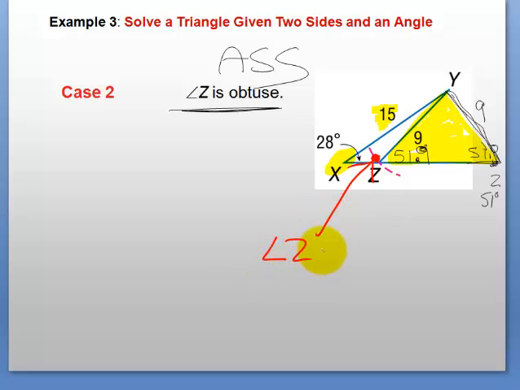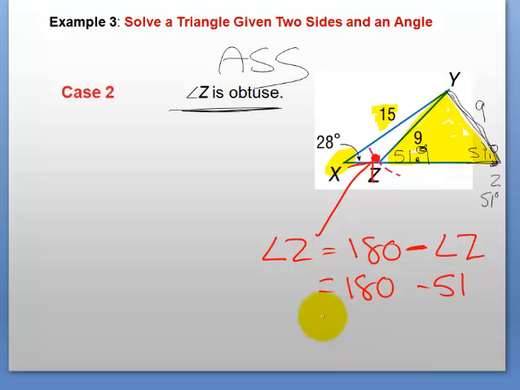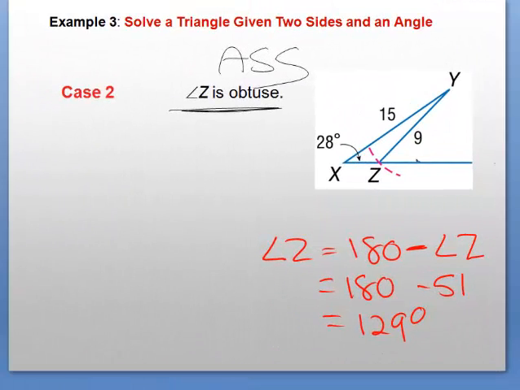So angle Z is always found by taking 180 degrees, because we have a straight line here, and subtracting the original angle of Z. So we have 180 minus 51. And that's going to give us our obtuse angle of 129 degrees. So I erased that highlighting because I wanted to emphasize the fact that the real triangle that we're solving for is this one, not the larger one.